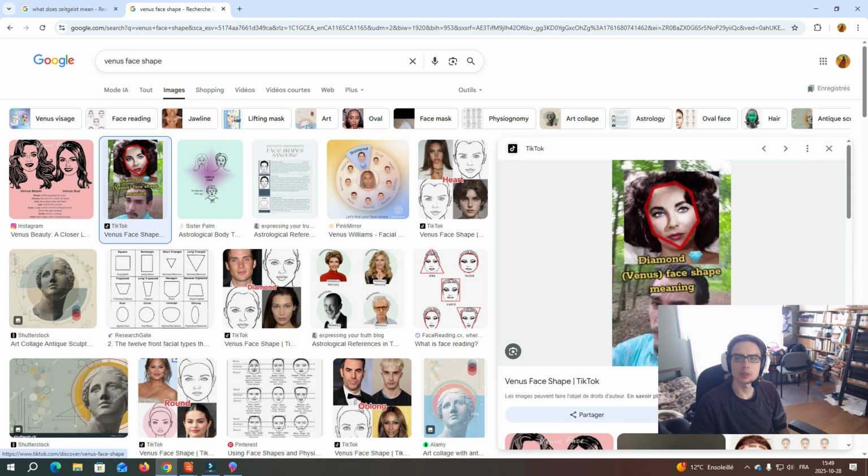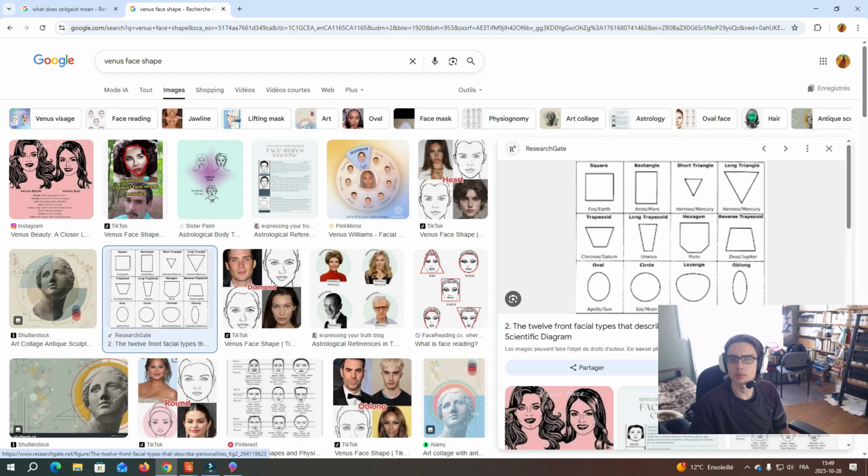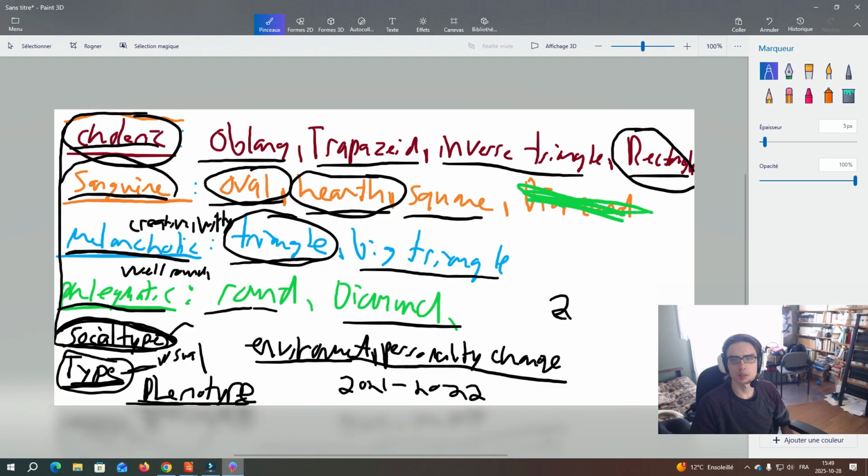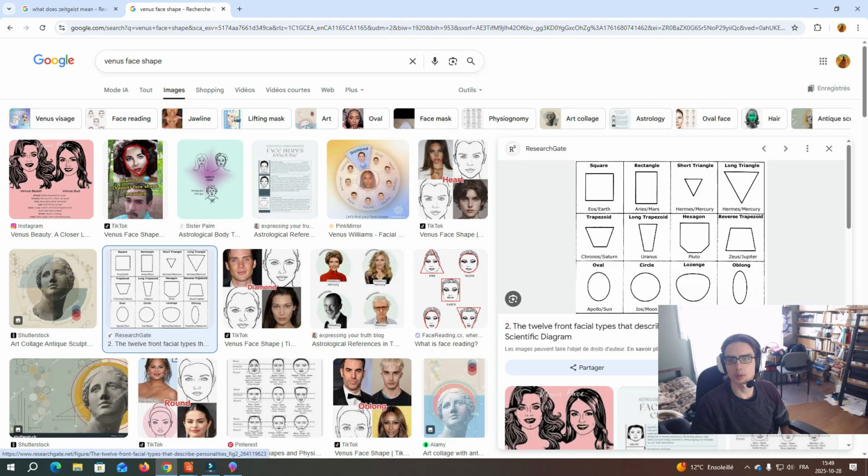Okay, so the Earth is the Venus, I think so. Okay, maybe it's based on that actually. Those two are melancholic, okay. Rectangle, choleric, square, sanguine. Trapezoid, choleric. Voilà. Yeah. Long trapezoid.